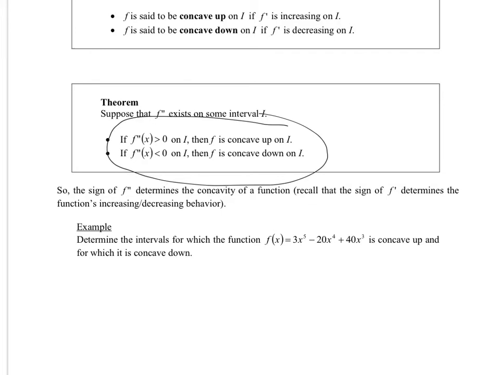Now, it is worth mentioning that the sign of the first derivative and the sign of the second derivative act independently of one another. What I mean by that is that at any given point on a graph, the first derivative and the second derivative could both be positive.